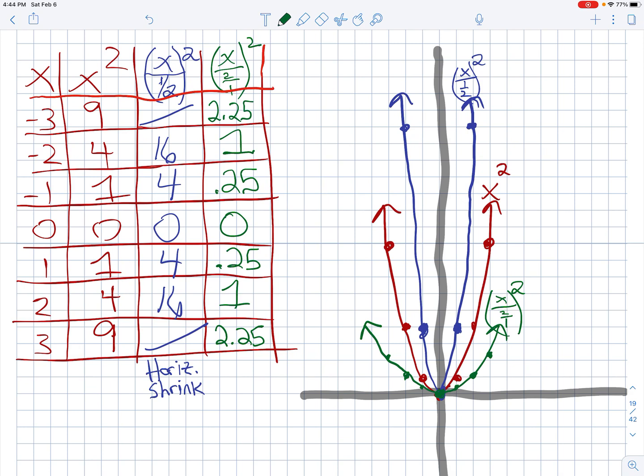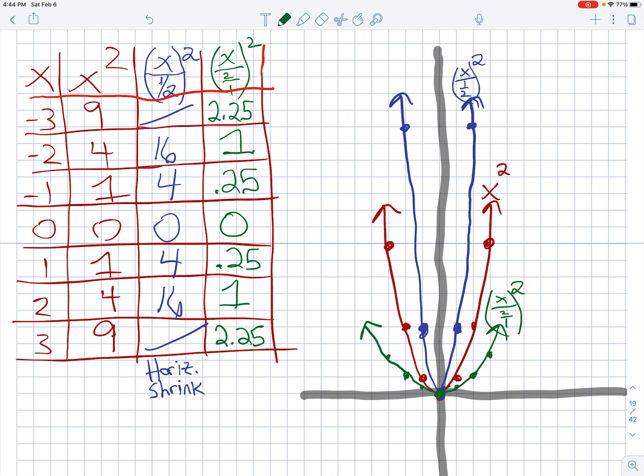Those points in green are further away from the y-axis than those points in red, with the respective y values being the same. A point on the red is (1, 1), and on green you have (2, 1).